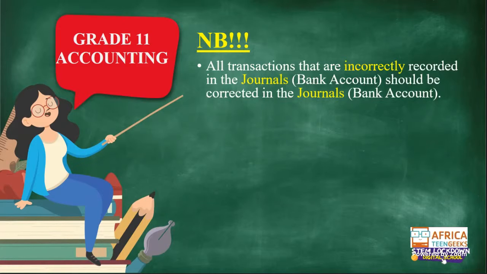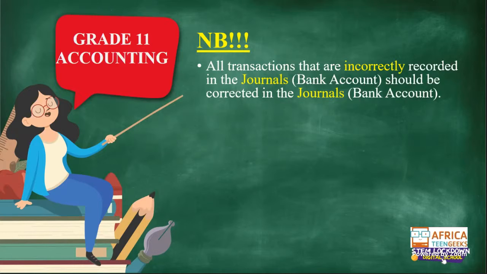So if there is an error in the CPJ and the CRJ, that implies that automatically there will be an error in the bank account, because the totals are transferred from the journals to where? To the ledger account. So if we made an error in recording in the journals, then with that error we'll be transferring the incorrect total to where? To the bank account. So if we made the errors in the journals, that error must be corrected where? In the journals, right?